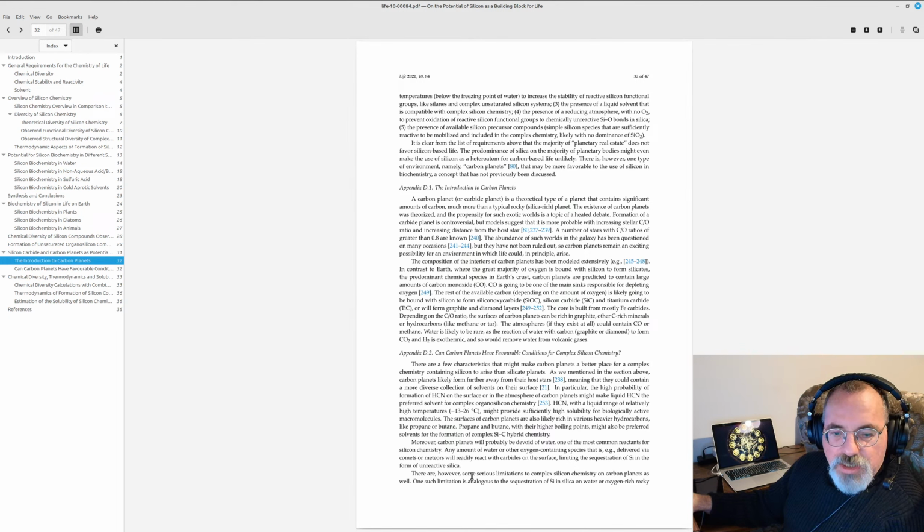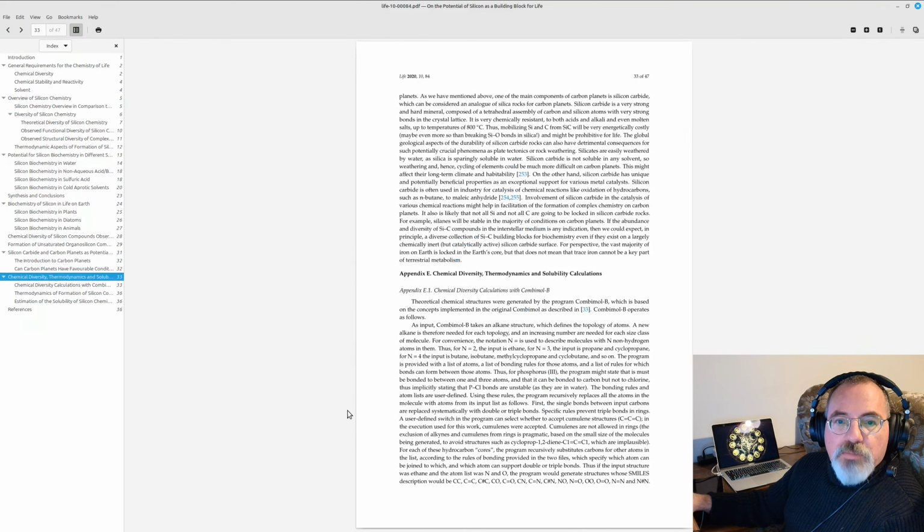One such limitation is analogous to the sequestration of silicon in silica on water or oxygen-rich rocky planets. As we have mentioned before, one of the main components of carbon planets is silicon carbide, which can be considered an analog of silica rocks for carbon planets. Silicon carbide is a very strong and hard material, composed of a tetrahedral assembly of carbon and silicon atoms with very strong bonds in the crystal lattice.